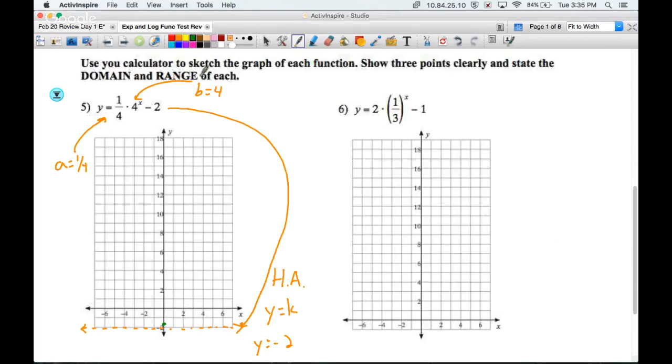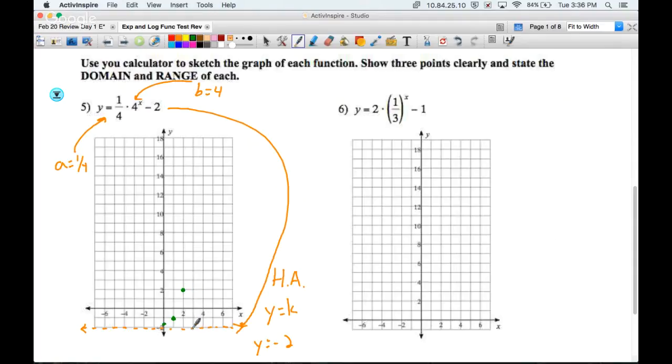Now the b value tells me how much she grows by each unit. So if she was a fourth of a unit tall, if she eats an ounce of cake, she should now be 1 unit tall, one unit above the table that she's standing on. We move one more over, and this point gets 4 times as tall. Now we're up at 2. She's 4. Now we multiply that by 4.